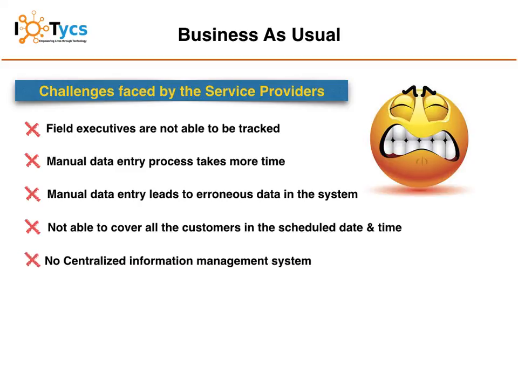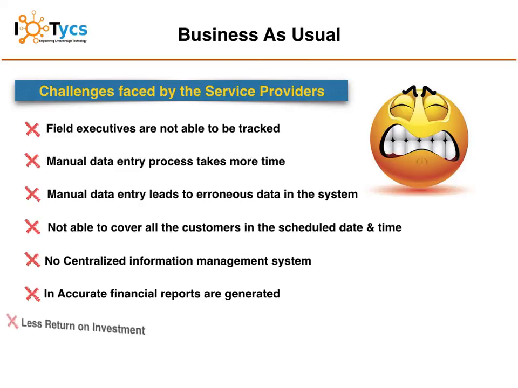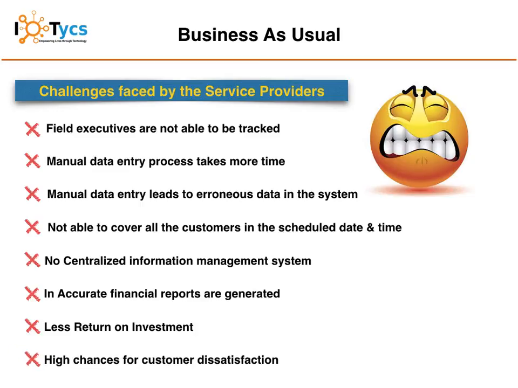Five, no centralized information management system, and inaccurate financial reports are being generated, because of which we have very low return on investment and there are high chances of customer dissatisfaction. So these are the critical challenges which companies are currently facing in their business process.